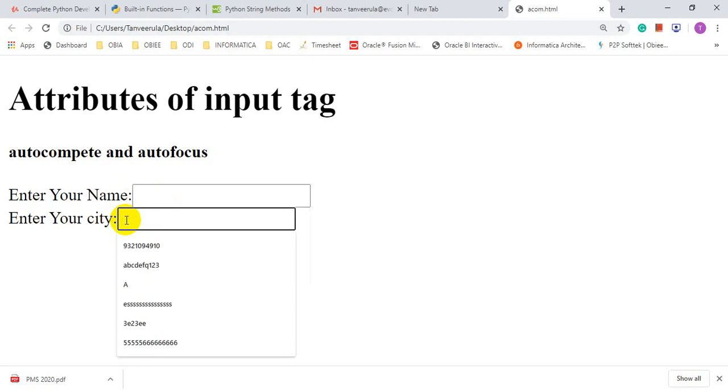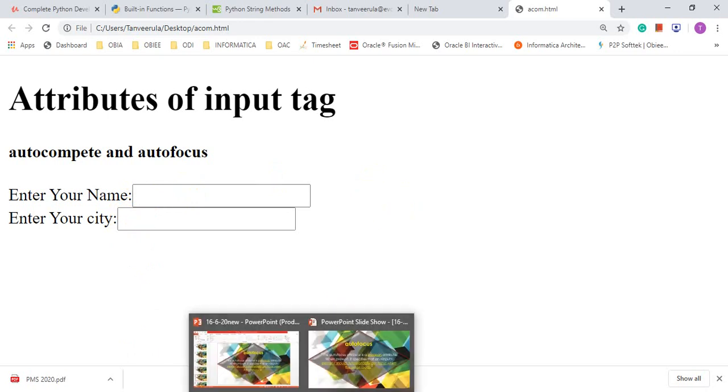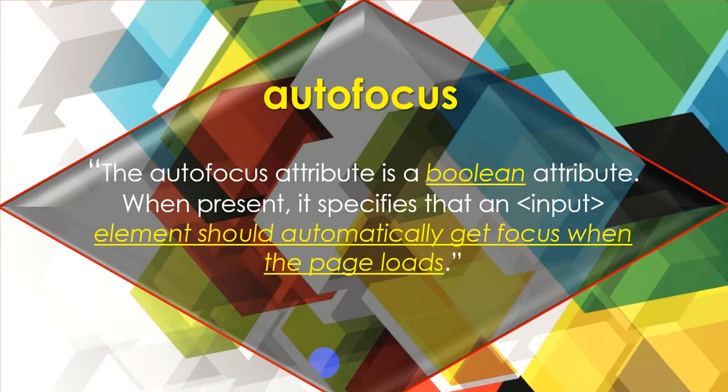Is it clear? These are the simplest things we have done a number of times, so I think there is no question. Now come to today's topic. Our topic of discussion is: what is autofocus? See the definition.